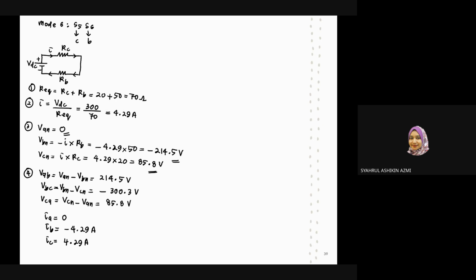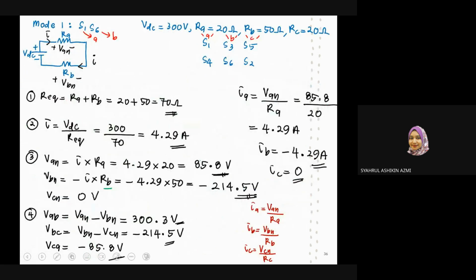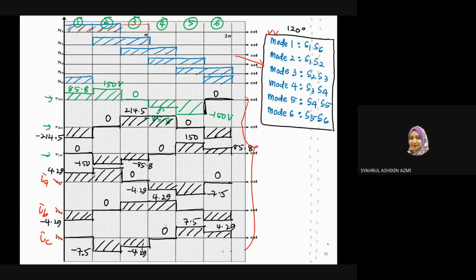So next step, from here, you can sketch the waveform. This is where we sketch the waveform over here, the sketching for the VAN and our phase voltage. So you need to sketch for each of the modes.